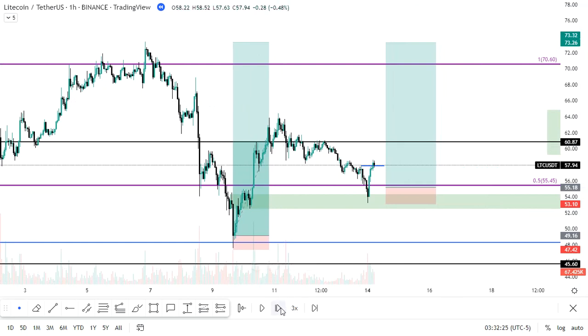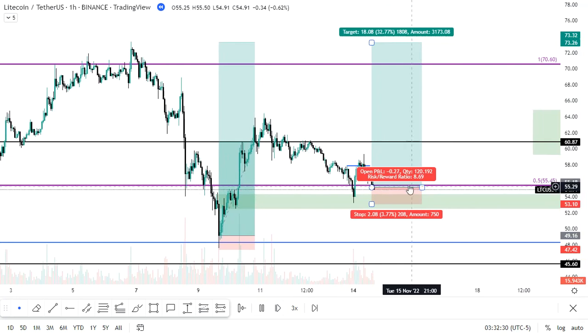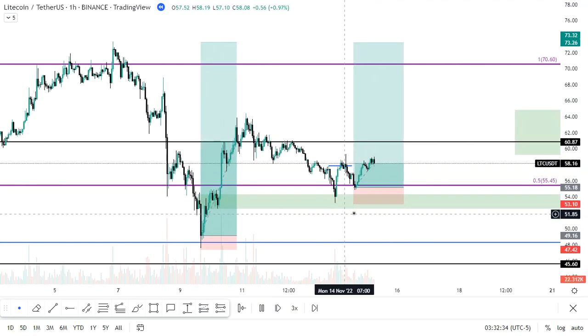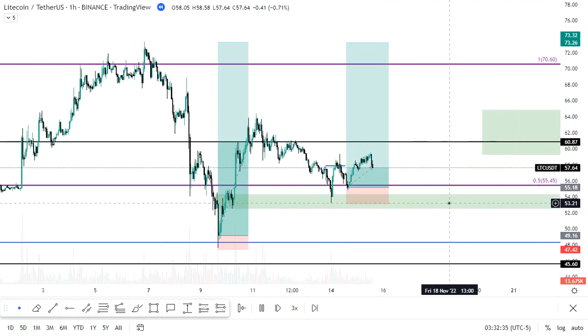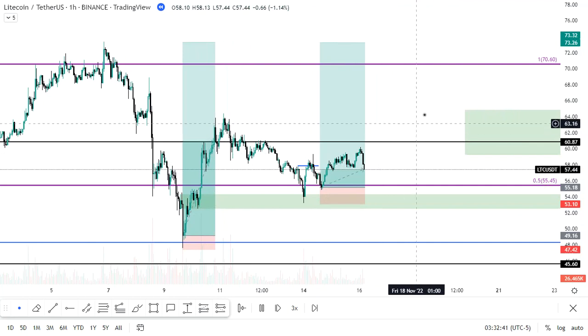So now let's play the price forward. You can see we tagged in with the stop here. Price continues to go.